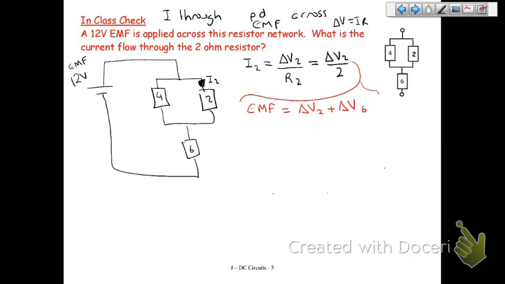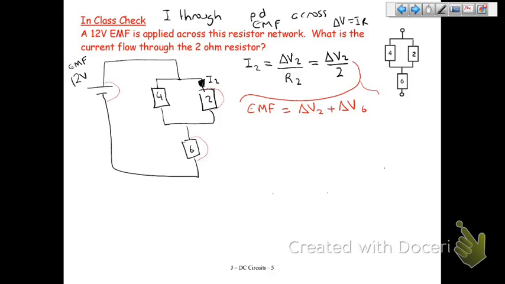Where did that come from? The EMF is spent as potential differences in your circuit. So that's conceptual. I'm saying the voltage drop across there plus the voltage drop across there must equal my EMF across there. Why is the 4 not included?